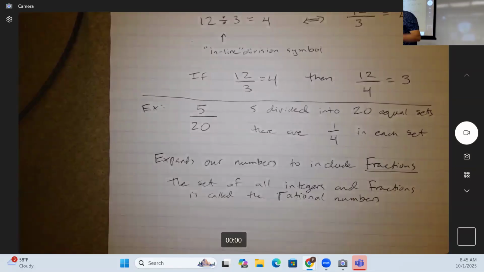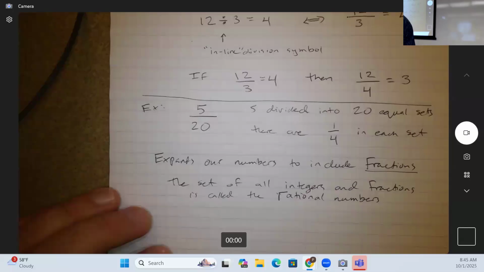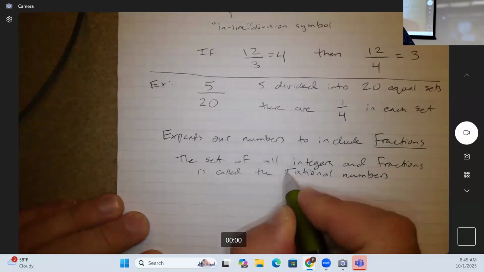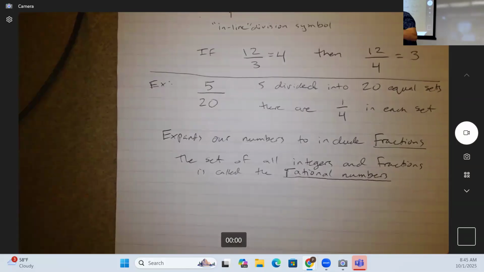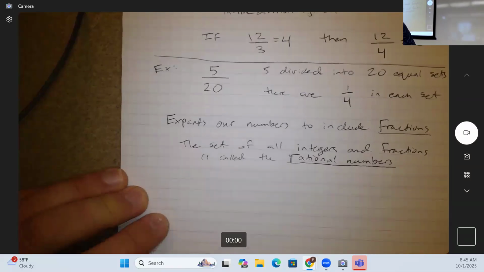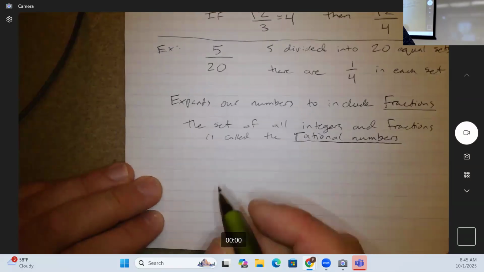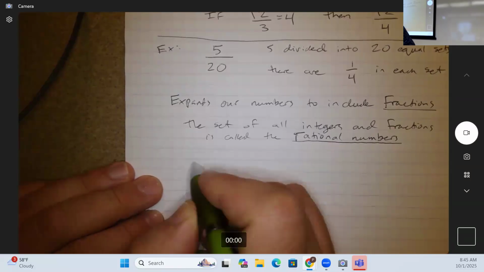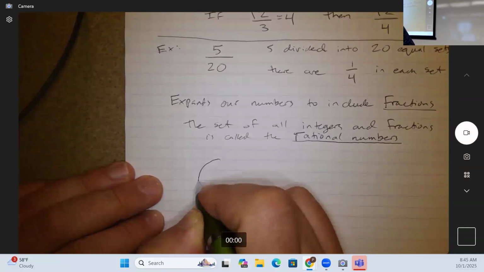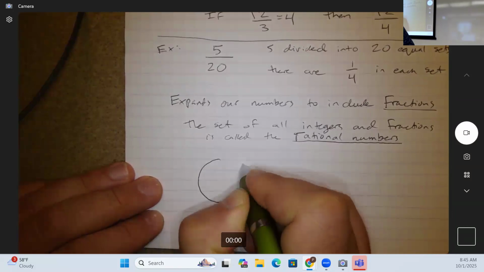Rational comes from ratio, which is another way to say fraction. So that's useful information. We're expanding our numbers as we're adding in additional operations. And again, I like the visual. Let's suppose that, well, pizzas are a good way to start because it helps us see that we're working with a whole.